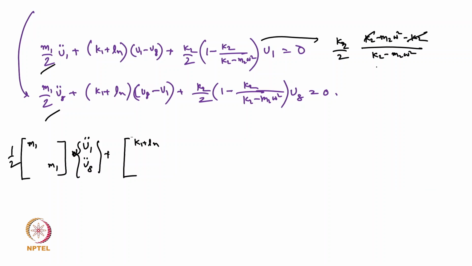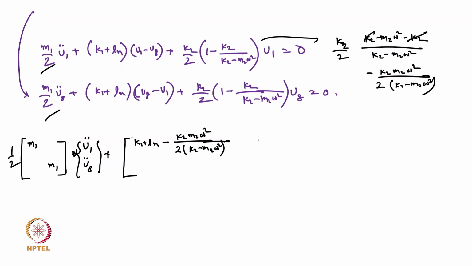So this cancels out, and we are left with k2 m2 omega square divided by 2 into (k2 minus m2 omega square). So this minus k2 m2 omega square divided by 2 into (k2 minus m2 omega square) will come here.